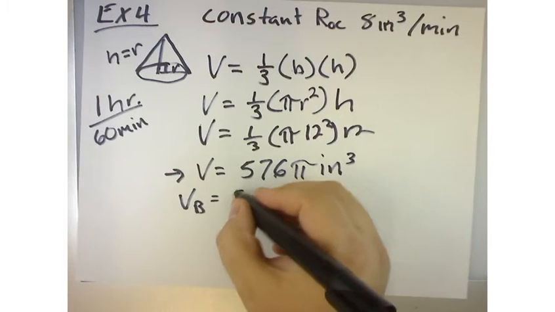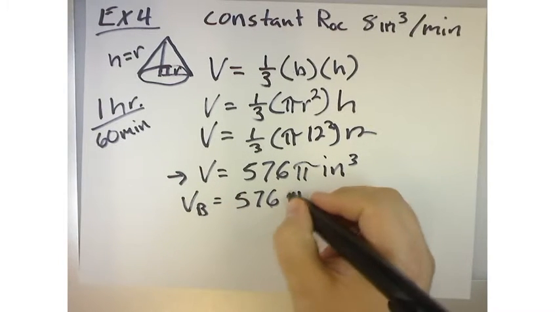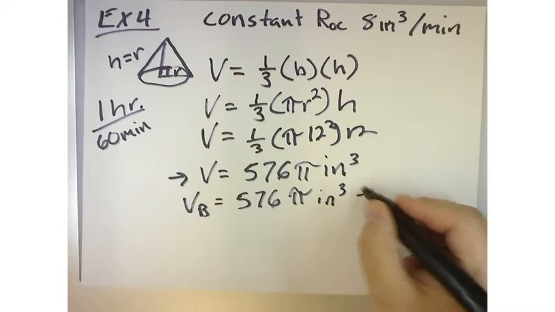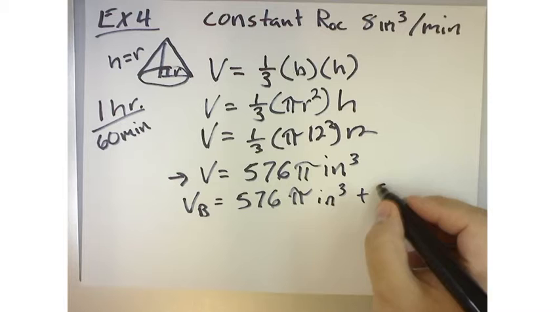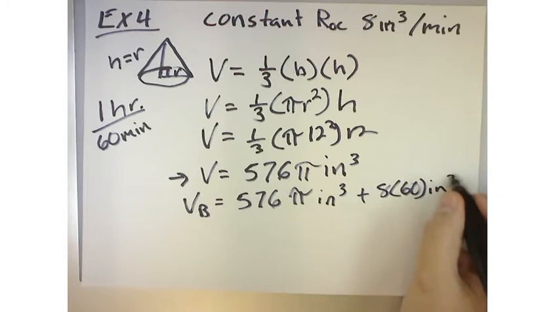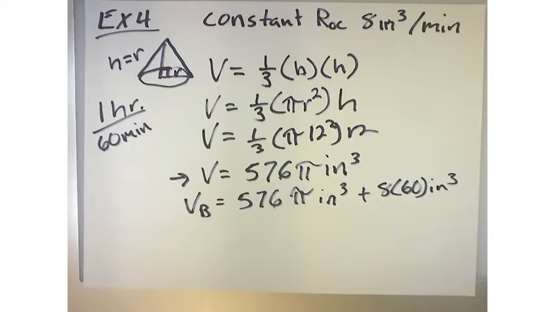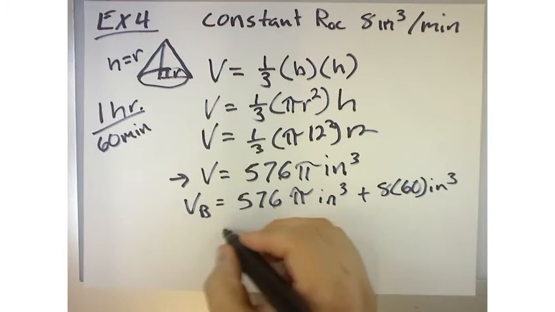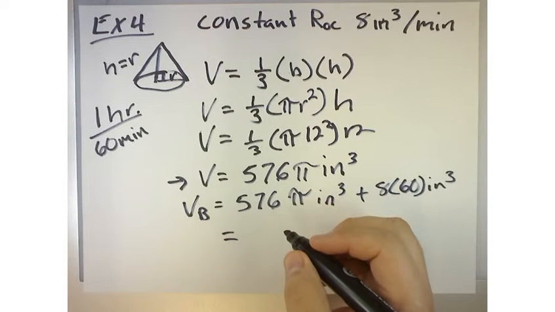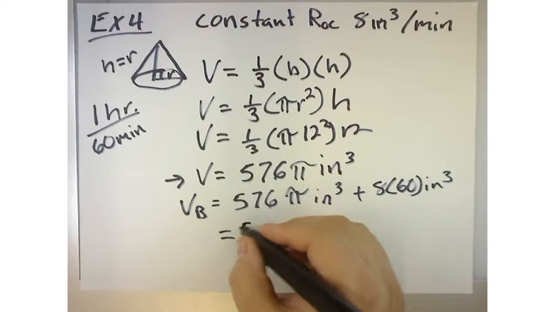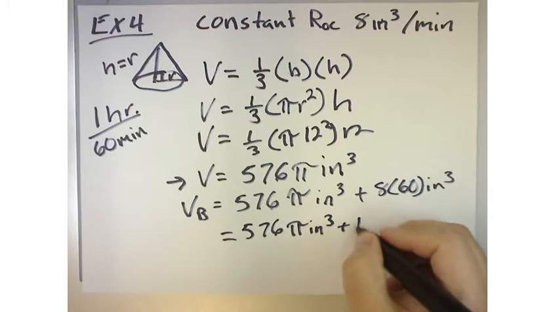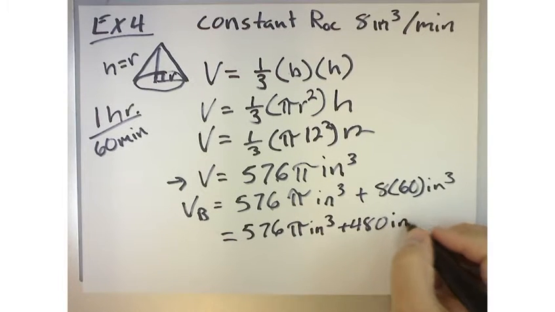Well, we have our original volume, which is 576 pi inches cubed, plus 8 times 60 inches cubed. Is that right? So then that would equal 576 pi inches cubed plus 480 inches cubed.